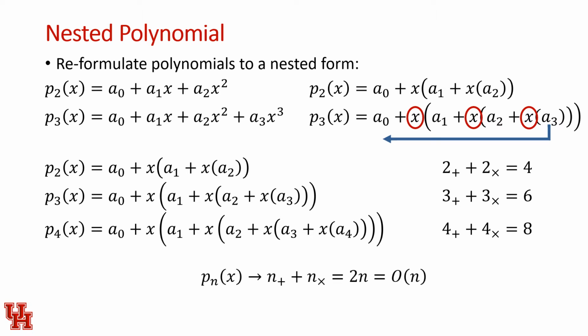Extending this pattern to any potential order n polynomial, we would require n additions and n multiplications, or 2n total floating point operations. By applying big O notation, the constant term 2 goes away, and we see that the resulting computational complexity is linear. As demonstrated earlier, this is a significant improvement in computational complexity over evaluating the polynomial one monomial at a time. This is also the current standard for calculating polynomials.